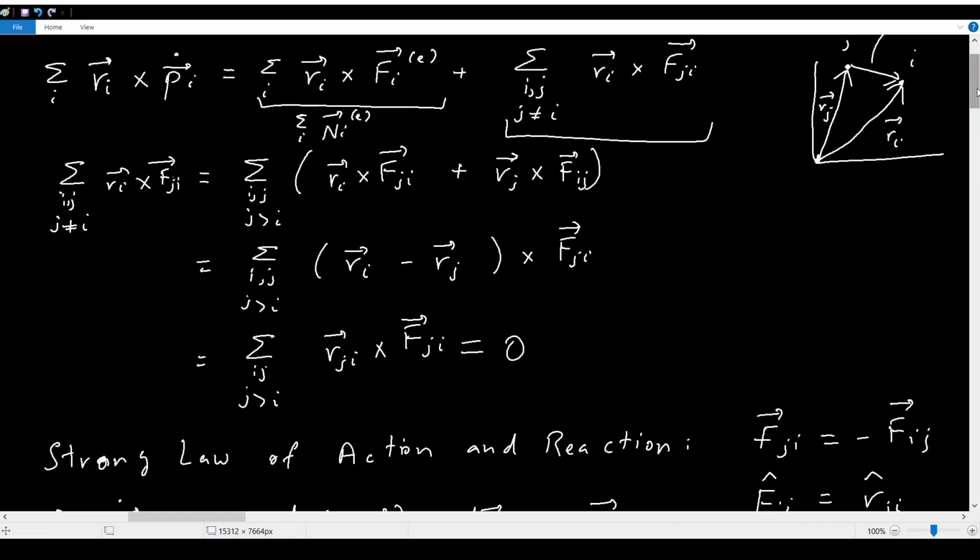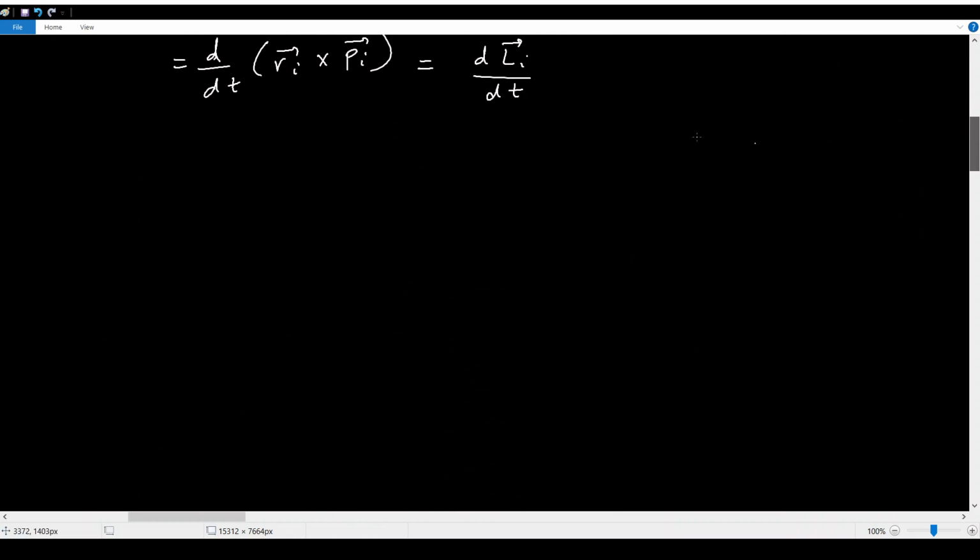So let's go down again and write. So we have the sum over i of dli dt, and this equals the sum over i of the torque on the ith particle due to external sources.